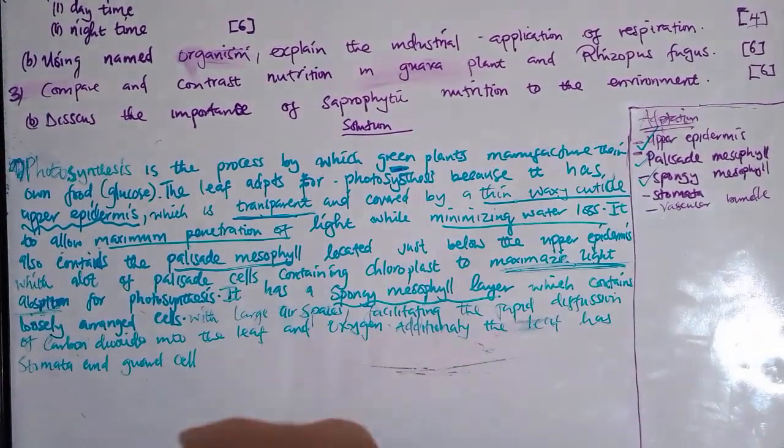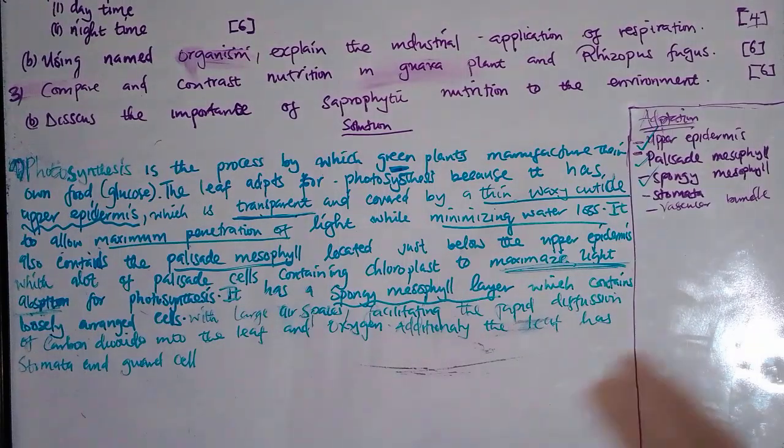So these stomata and guard cells, they are mainly found where? At the lower epidermis. We say it as the upper and the lower. So the lower epidermis contains stomata and guard cells.